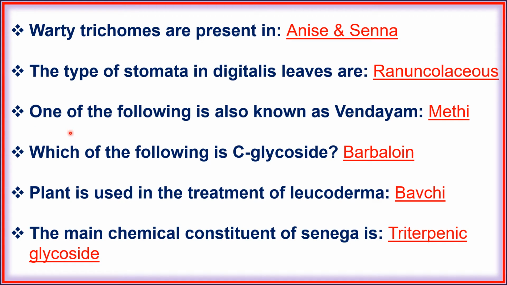Next, which of the following is also known as Venthayam? That is methi. Next, which of the following is C-glycoside? That is barbaloin. Next, the plant used in the treatment of leukoderma is Bavachi.